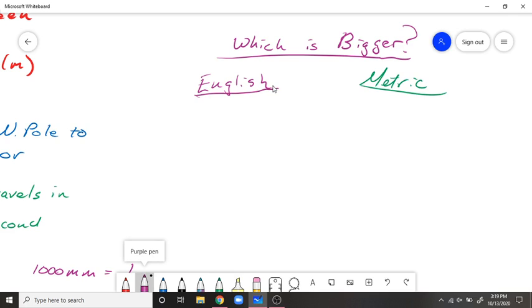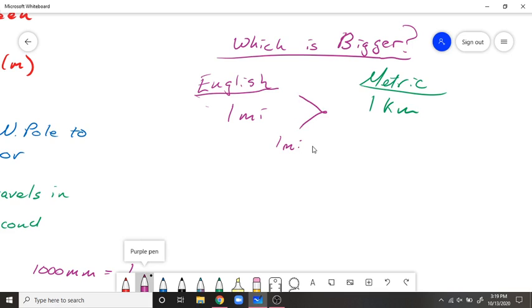With my English units, I asked which is bigger, 1 mile or 1 kilometer. Most of you guys thought that a mile was bigger. And that would be true. 1 mile is bigger than 1 kilometer.